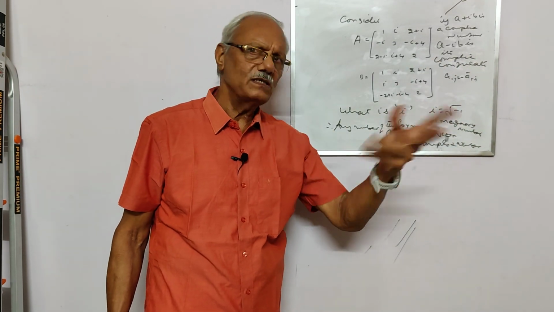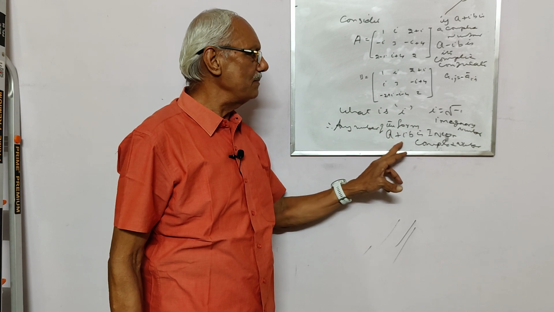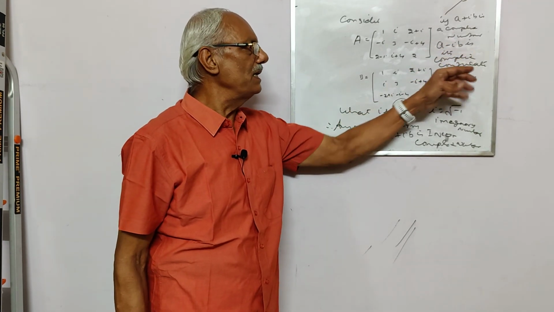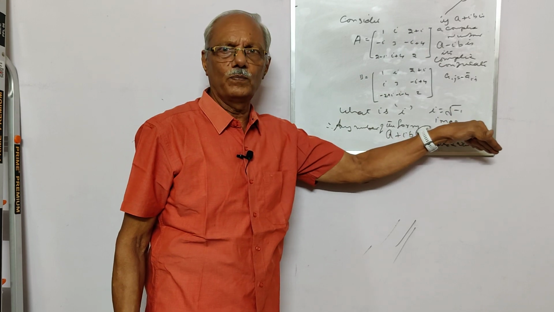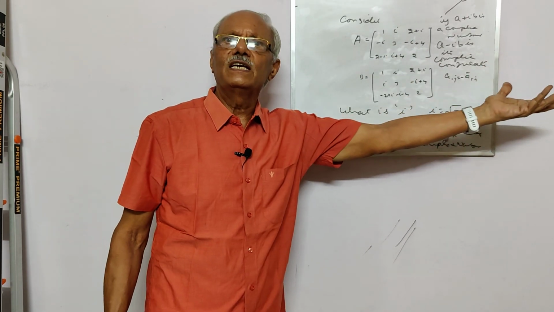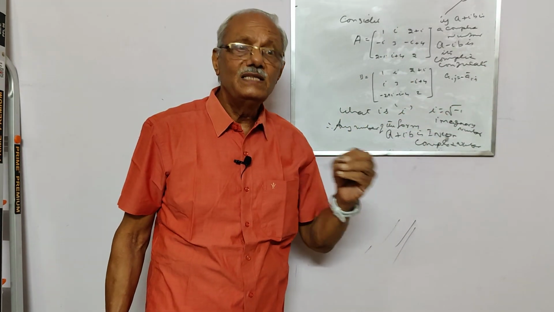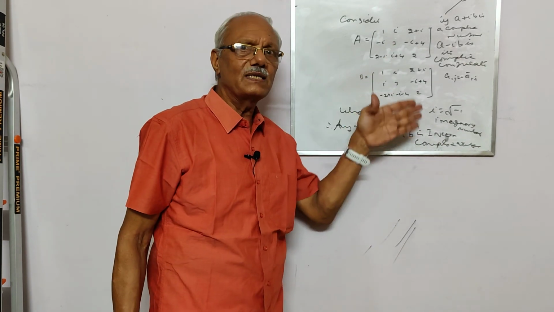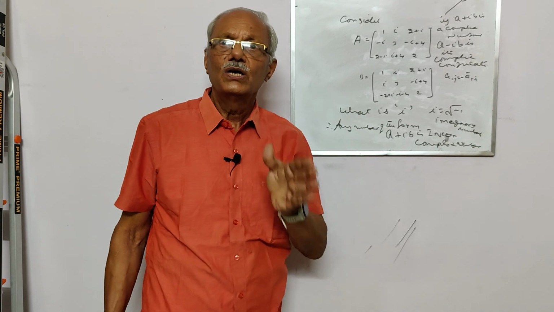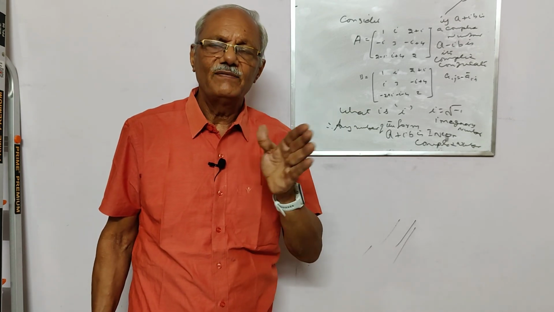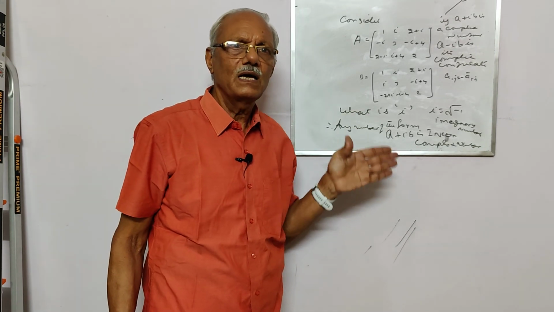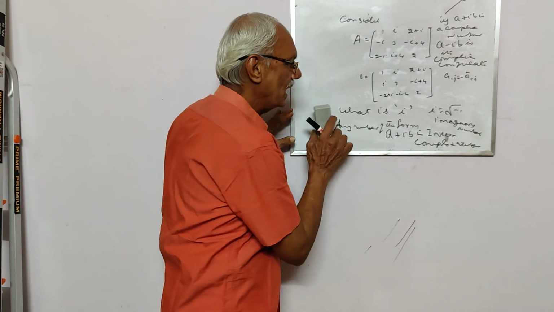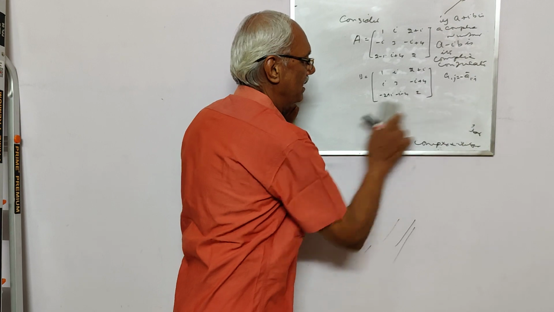If it's minus i, change it to plus i. So if a plus ib is your complex number, its conjugate is a minus ib. If a minus ib is your complex number, its conjugate is a plus ib. So this concept should be well understood. I am going to use that idea here to explain these two matrices. I will give you the names of these two matrices after giving an explanation. Okay, now I'll remove this for my convenience.